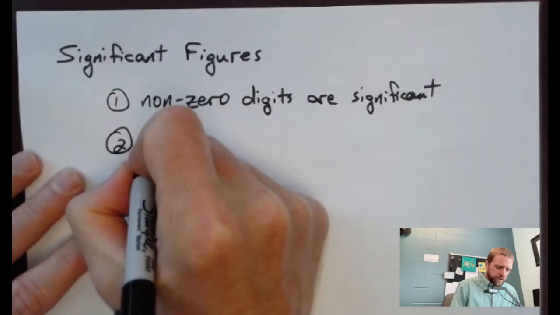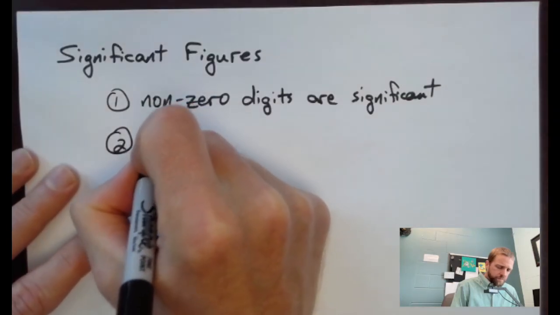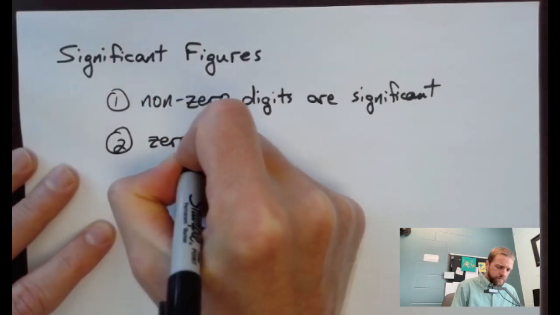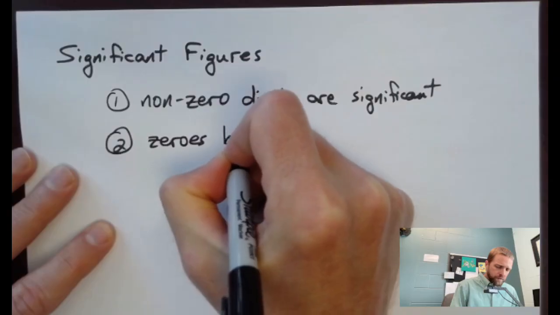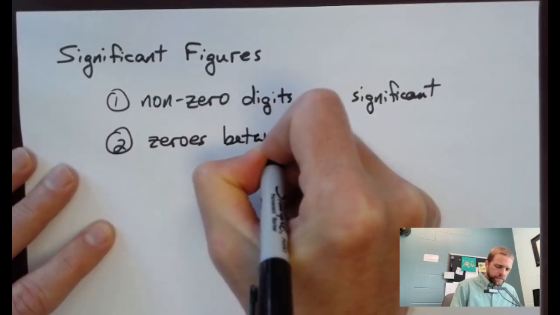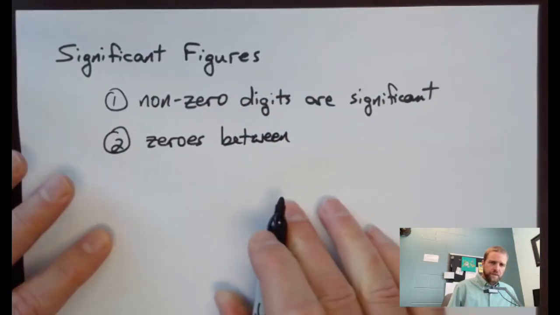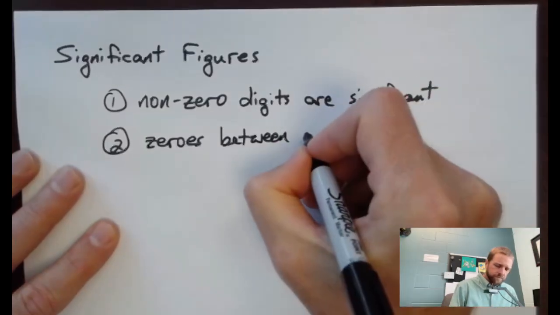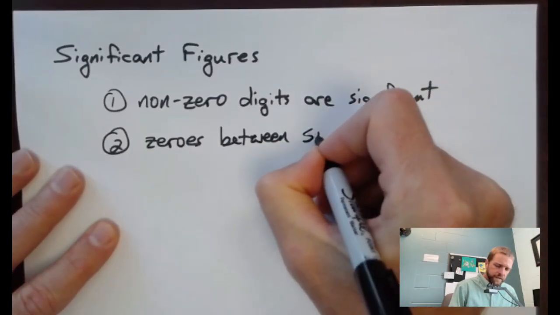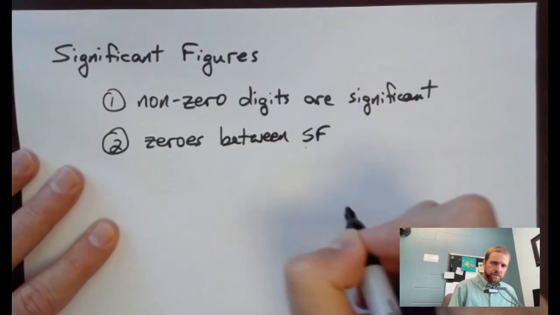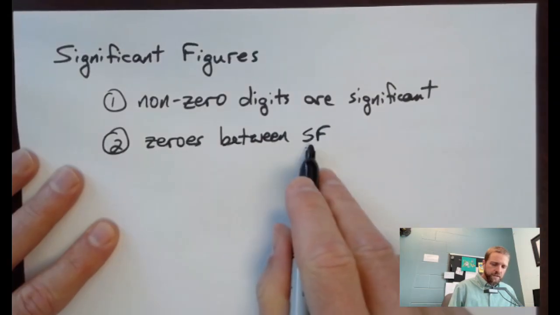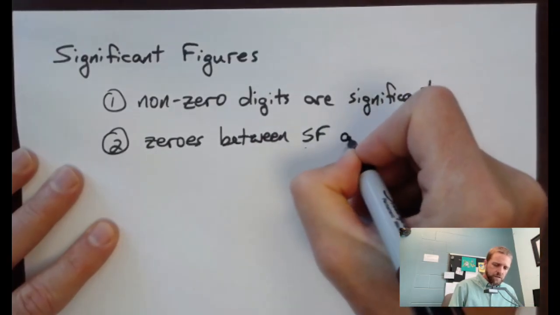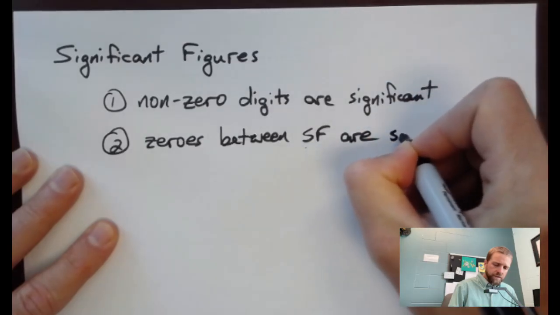And zeros between significant figures are significant. And I'll abbreviate that as SF. So this is significant figures. So zeros between significant figures are significant.